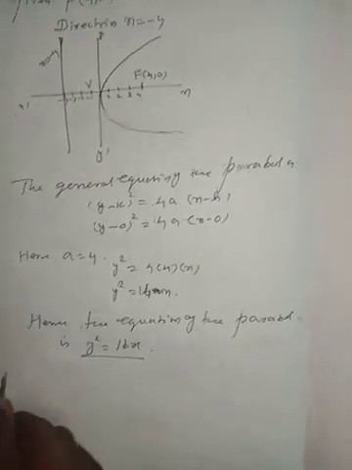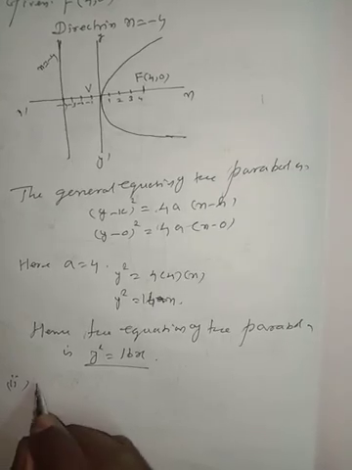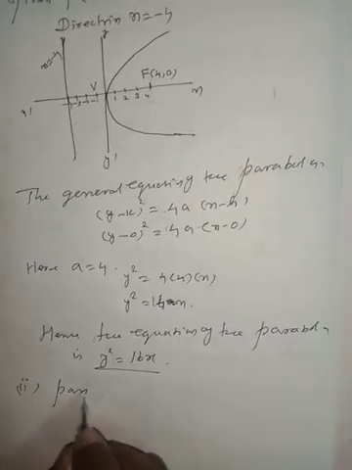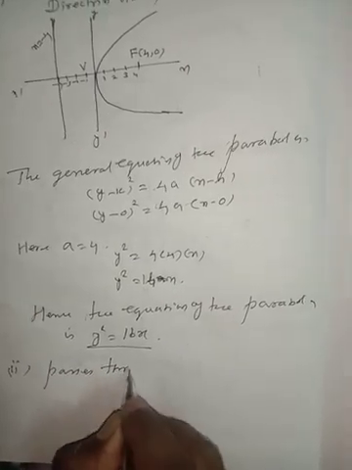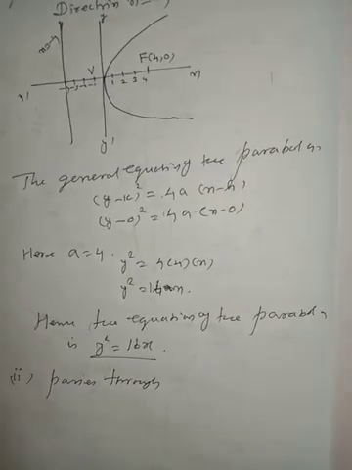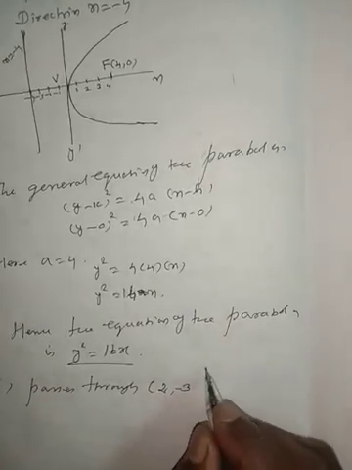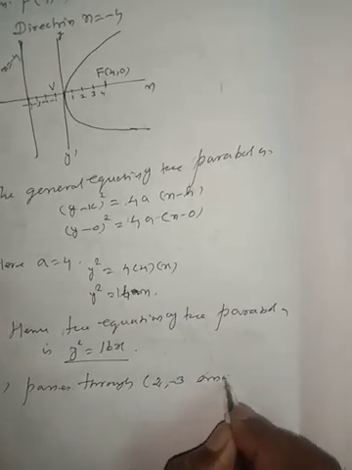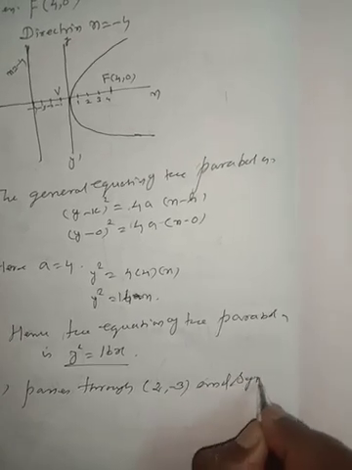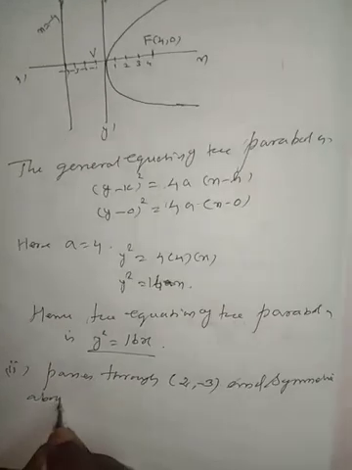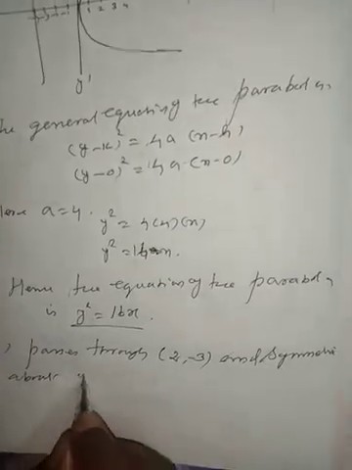Sub-division number 2: passes through the point (2, minus 3) and symmetric about the y axis.